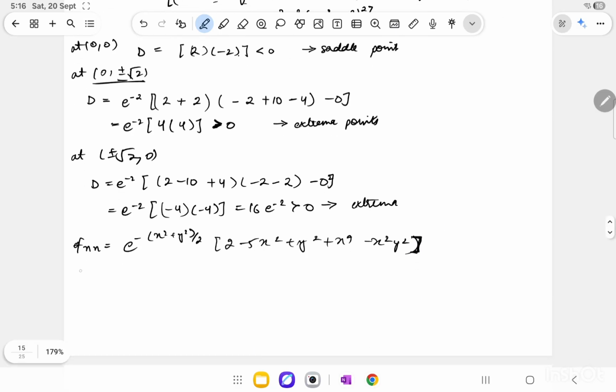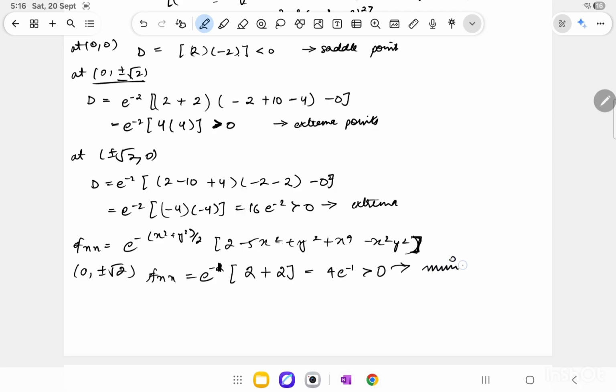Again at these points, like at 0, plus minus root 2, sign of fxx will be same, because here all the powers of x and y both are even only. So fxx will be at this point e raised minus 1 only, and it will be 2 plus 2, that's all. It will be 4 e raised negative 1, which is greater than 0. So here it attains minima value.